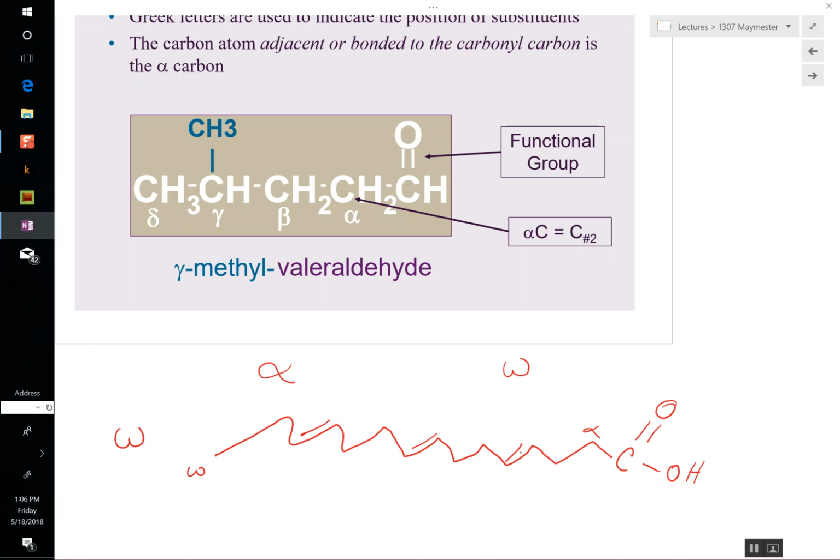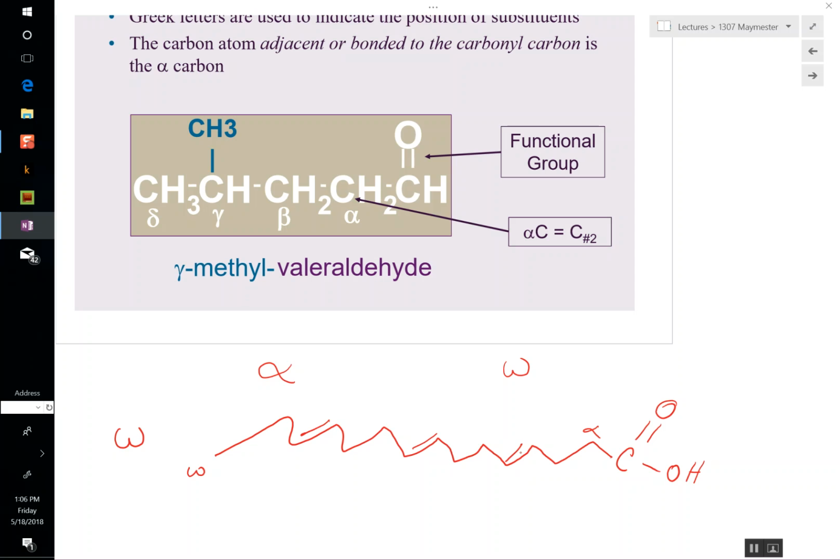And why should you be aware of this? You might be reading a paper or reading the name of a drug, and it says it's beta hydroxy something or other. You go, I wonder what that is. It means there's a hydroxyl group on the beta carbon in this molecule. This is not IUPAC.